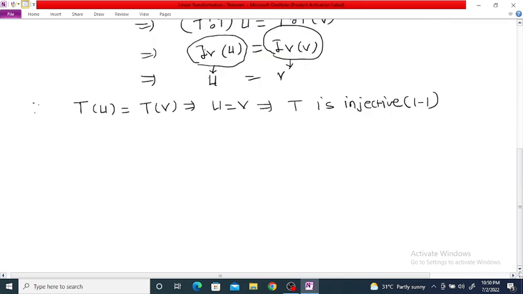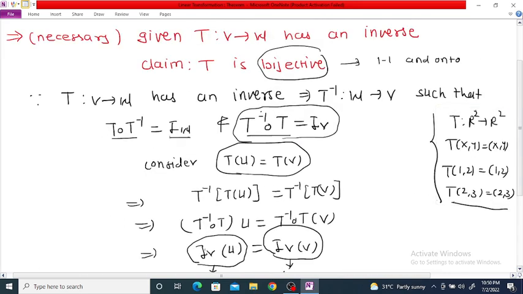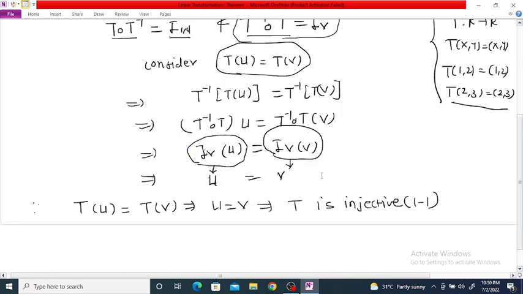So what is an onto function? We say this function is onto, or surjective, if for any w belonging to W, there exists u bar belonging to V such that T of u bar is equal to w.